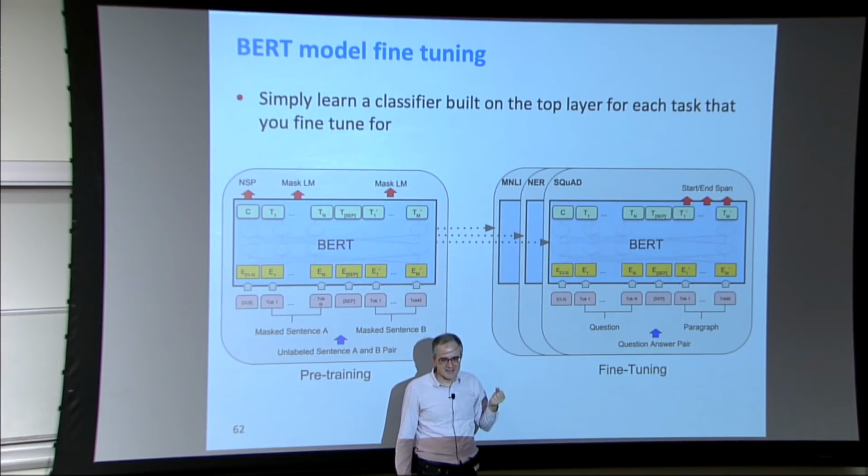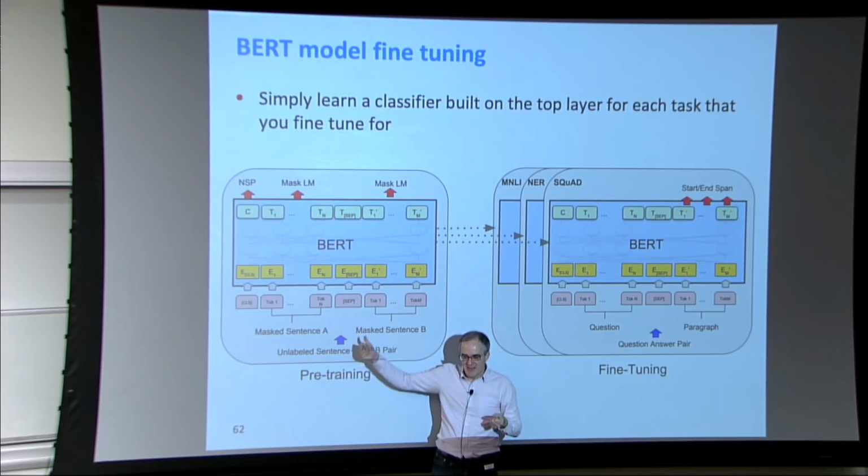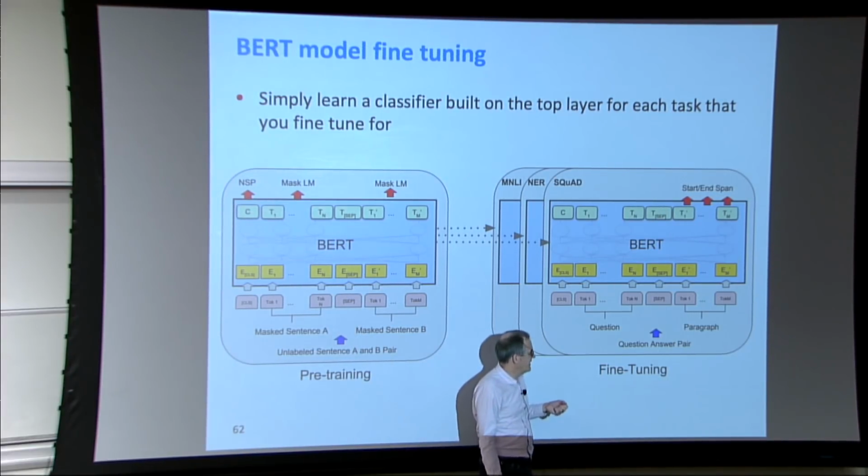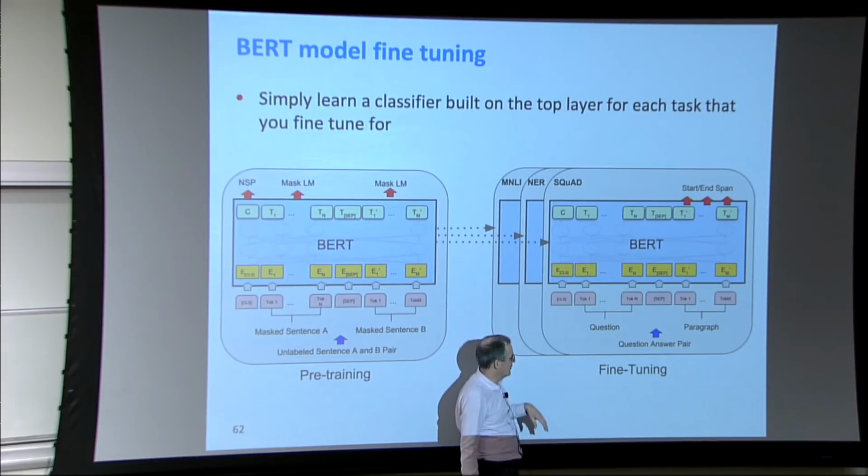We're not just going to say, here's a contextual word representation like ELMo did. Instead, what we're going to say is, just keep on using this transformer network that we trained as a sort of language model, but fine-tune it for a particular task.